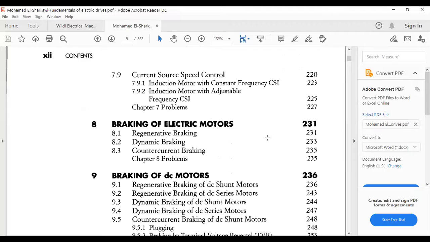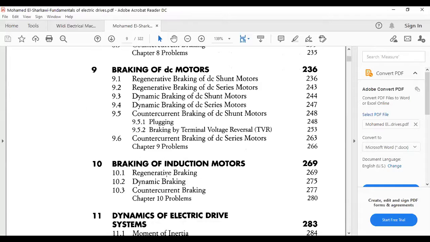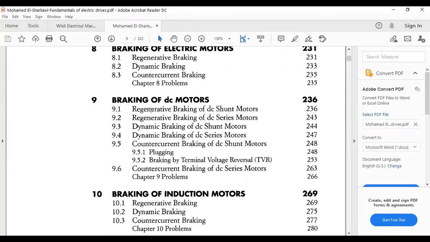But I want to point out that chapter 8, chapter 9 and chapter 10 will give you some information on braking also.